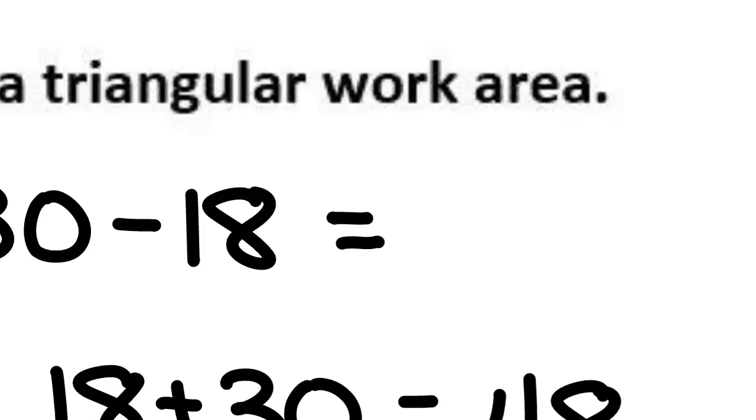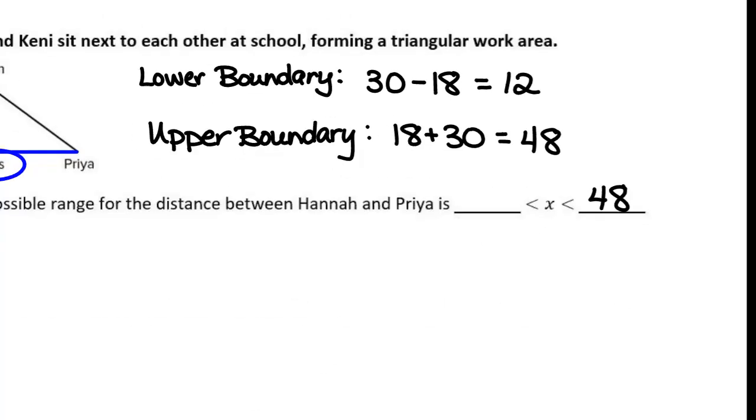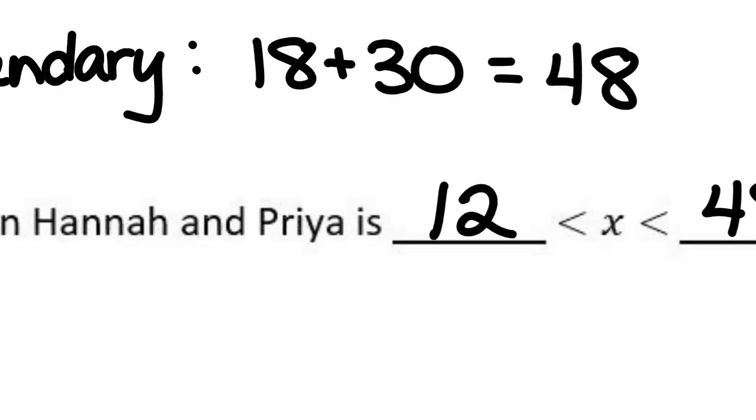What is 30 minus 18? 12. So that third side has to be bigger than 12, or else when I add the two smallest, it's not bigger than the third, because 12 and 18 would only add up to 30. But it has to be smaller than when I add those two sides together. So as long as it's somewhere between 12 and 48, when I add the two smallest sides, it'll come out to be bigger than the third side.